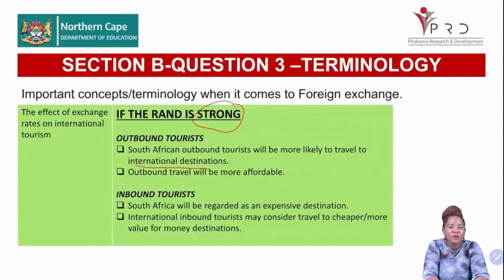Outbound travel will be more affordable. South Africans, at least now, will have a chance of visiting other countries. And then when it comes to the inbound tourists, South Africa will be regarded as an expensive destination because the rand is strong. I've already mentioned that, grade 12 learners. I'm just reminding you about question 3.